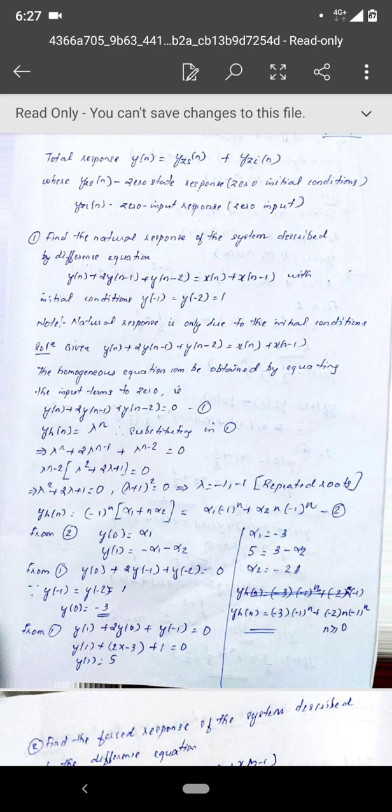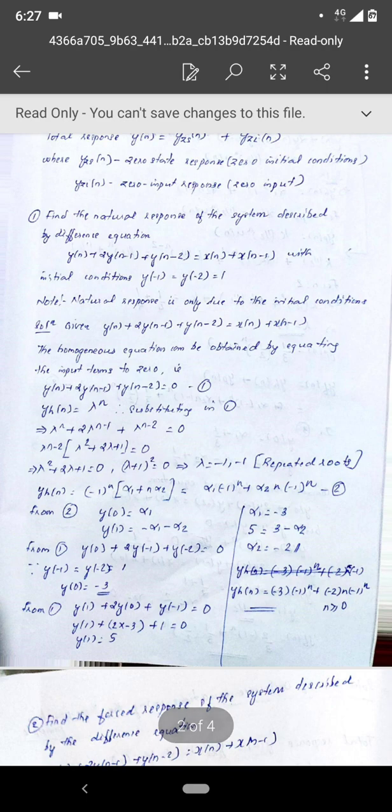We found the particular solution, and then we added the complementary function with the particular solution. And then we found the n number of coefficients of the complementary function from the initial conditions.